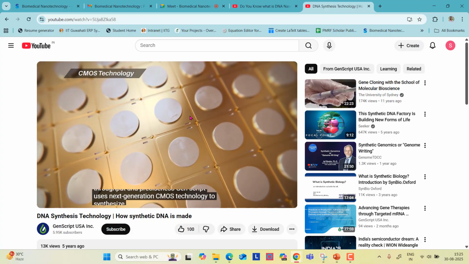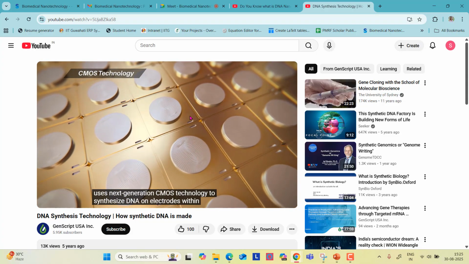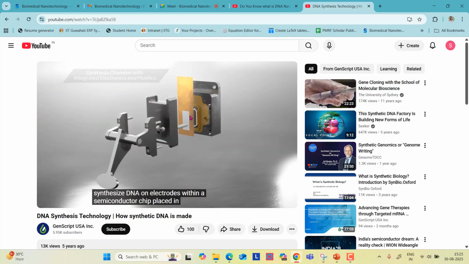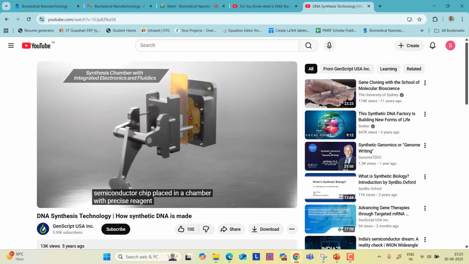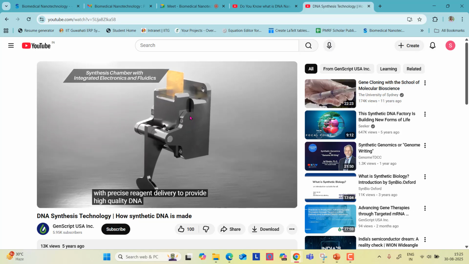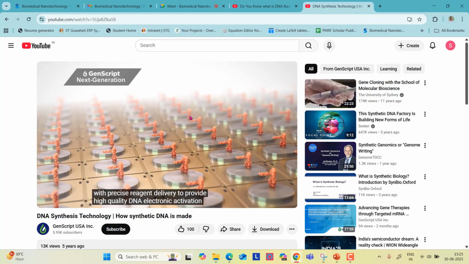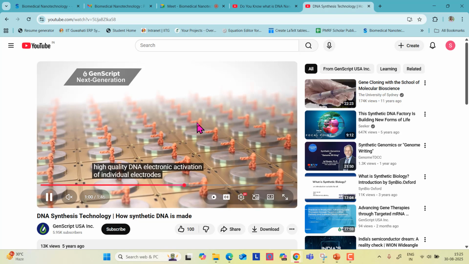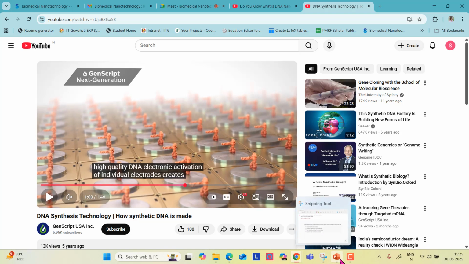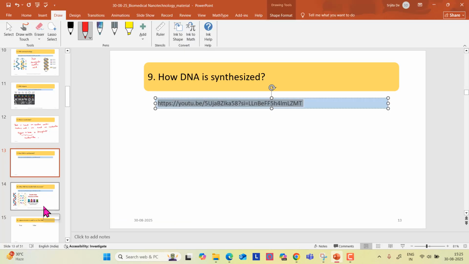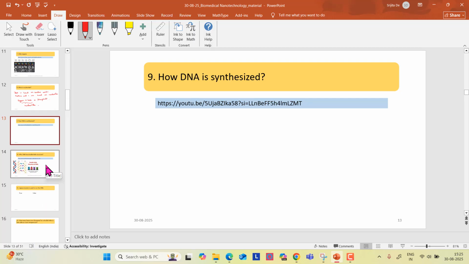Okay, so this is the synthesis method of DNA at laboratory scale or in industrial scale also. So basically there are a few steps.